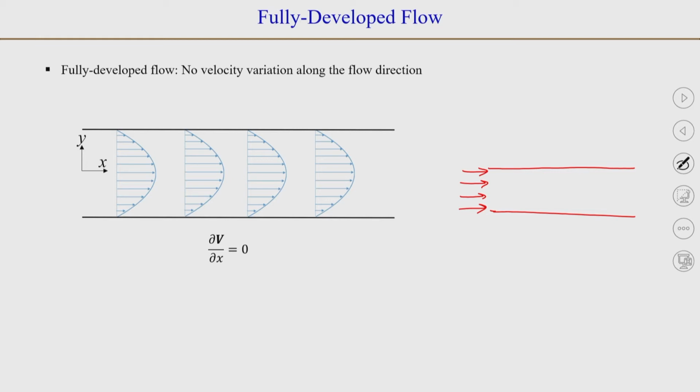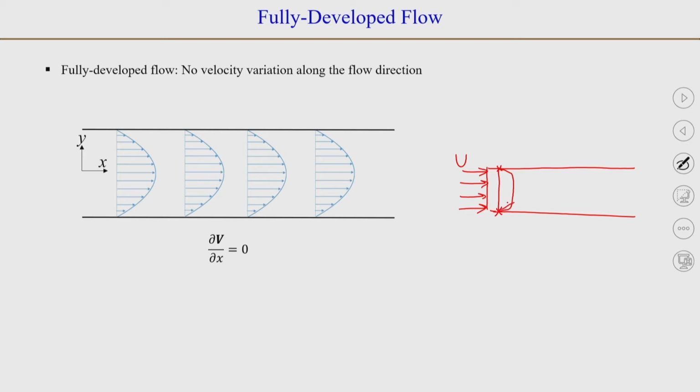The velocity in the river is uniform and it comes in with velocity capital U. But because of the no slip boundary condition, the velocity at the walls will become 0.